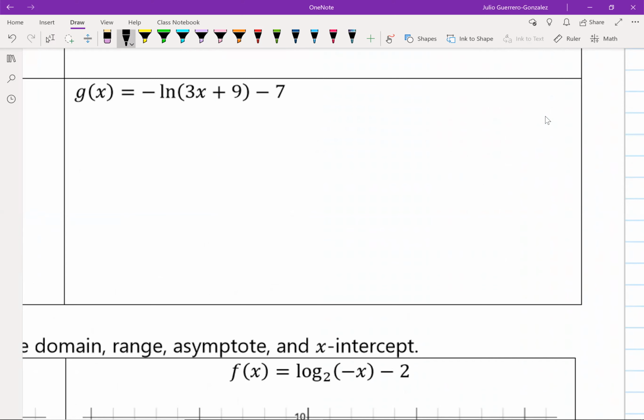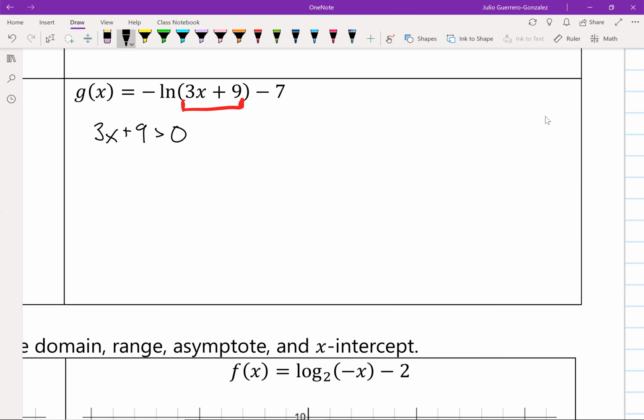So this is where we had this thing. The 3x plus 9 had to be greater than 0. You remember that? Tell me what to do. Subtract 9 from both sides. 3x is greater than negative 9. And then you divide by 3.